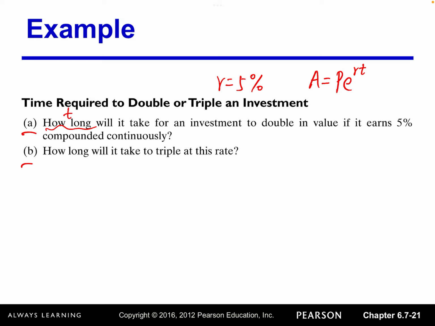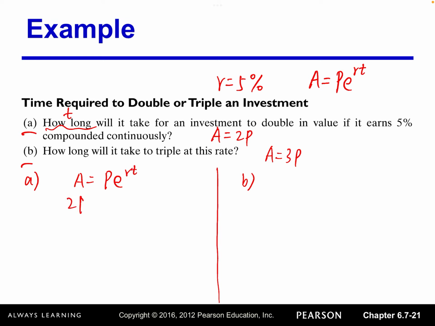For the A part, A equals 2P. In the B part, A equals 3P. So we just need to plug in. Here we solve A, and here we solve B. So A equals P times e raised to the rt power. Double the value, that's 2P equals P times e to the rt power. P and P cancel, so we have 2 equals e to the r times t. What is r?